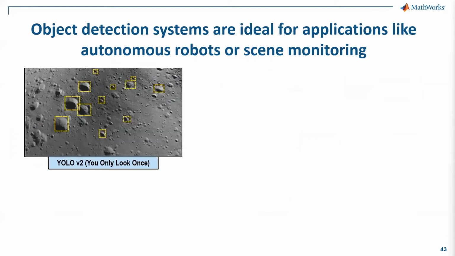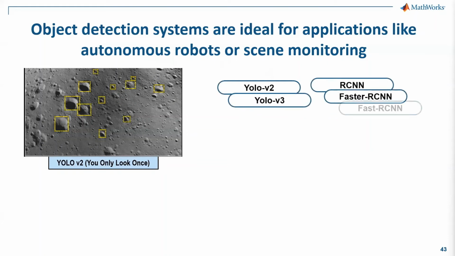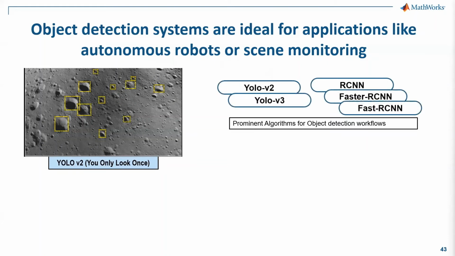Object detection systems are ideal for applications like autonomous robots or scene monitoring. Here is an example of an object detection system that identifies craters on the surface of the moon. There are many algorithms that make this possible.